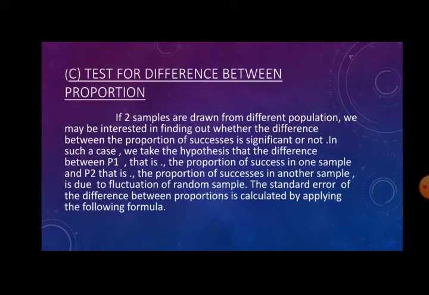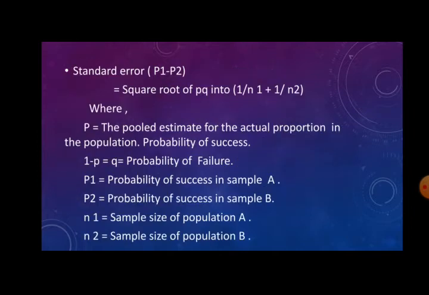And the standard error of the difference between proportions would be calculated as: standard error of P1 minus P2 is equal to square root of PQ into 1 divided by N1 plus 1 divided by N2, where P is equal to the pooled estimate for the actual proportion in the population, that is nothing but probability of success. 1 minus P, that is Q, is equal to probability of failure.